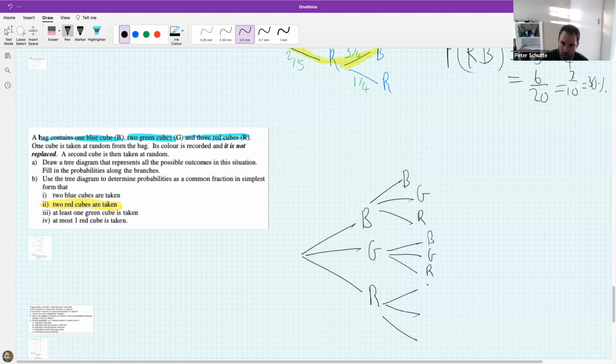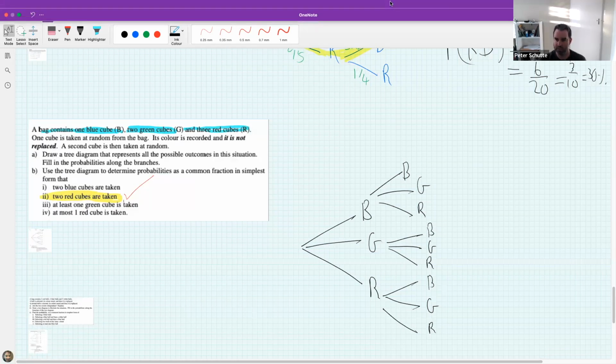All I want you to do is work out the probability that two red cubes are taken. So you don't even have to do the whole tree. You just have to do the pathway that is relevant to two red cubes being taken. Can you see which branches you need to fill in? I'll give you some time.